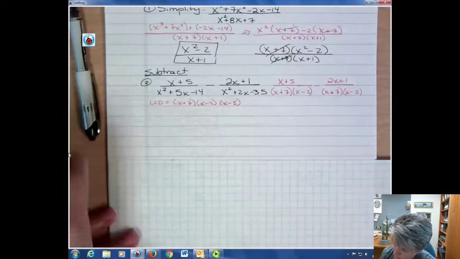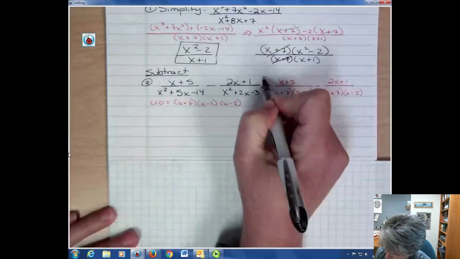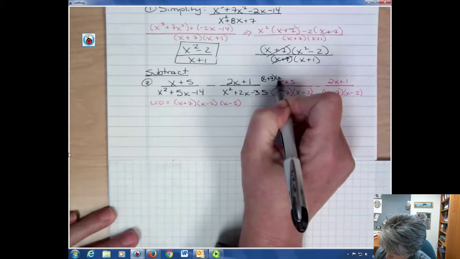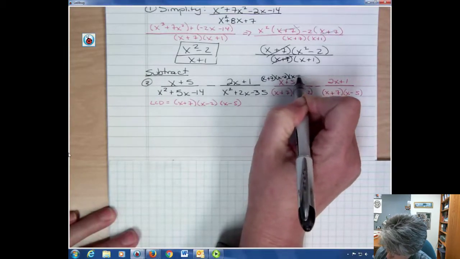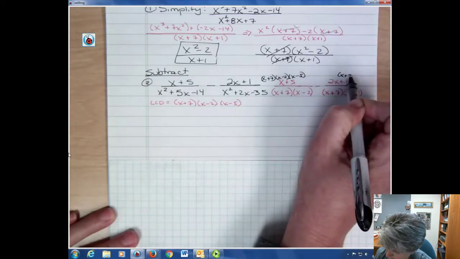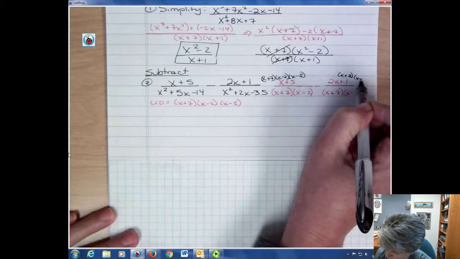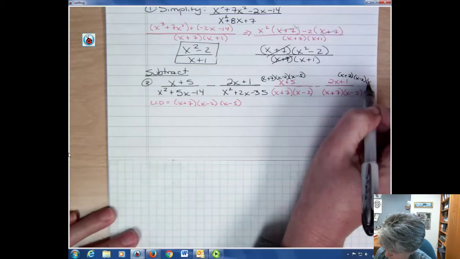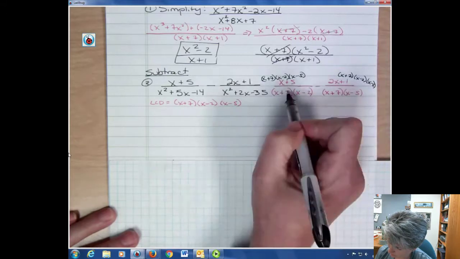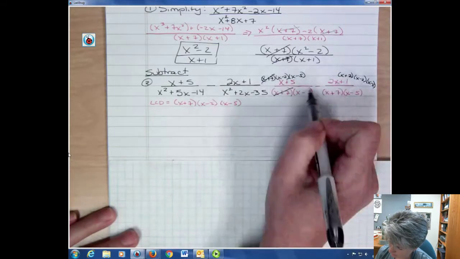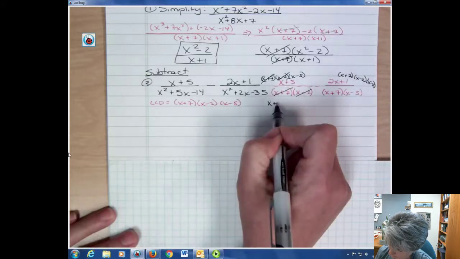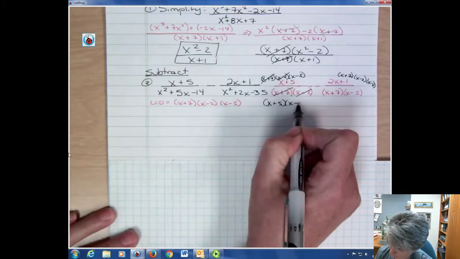So now what we want to do is multiply both terms by x plus 7, x minus 2, x minus 5. And I write it out both times so I don't forget and mark something off that shouldn't have been. So what happens here, when I multiply these two things, the x plus 7's cancel, the x minus 2's cancel, and what I have left is x plus 5 times x minus 5.